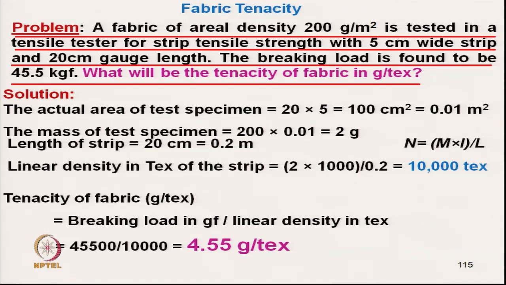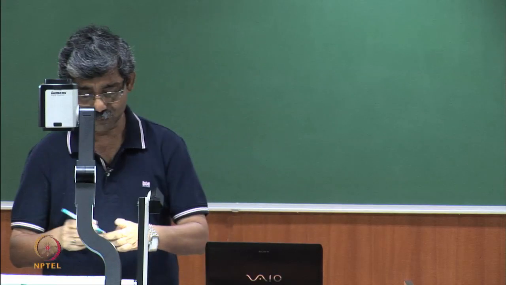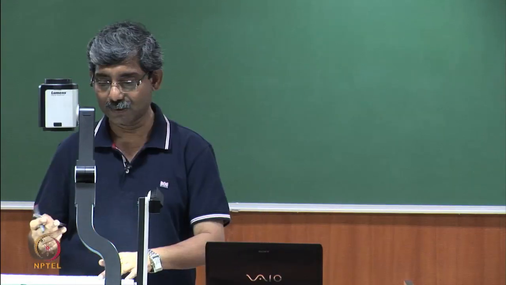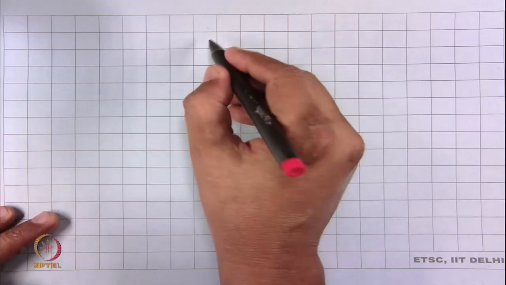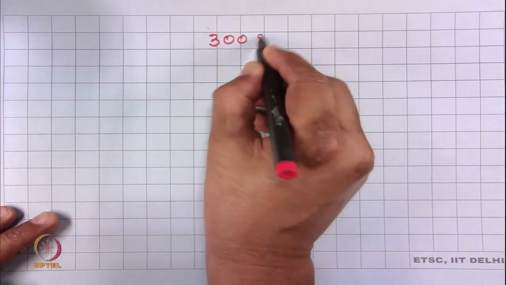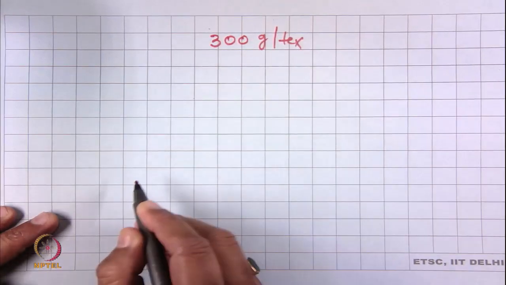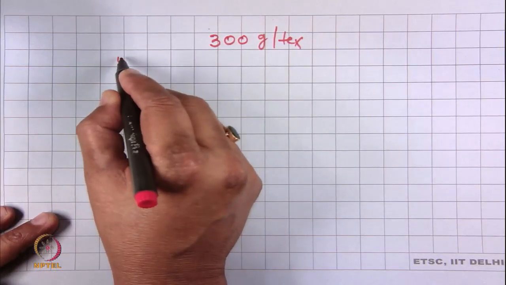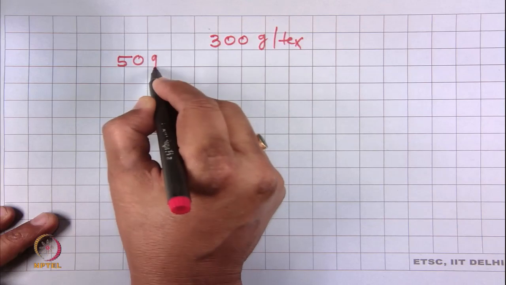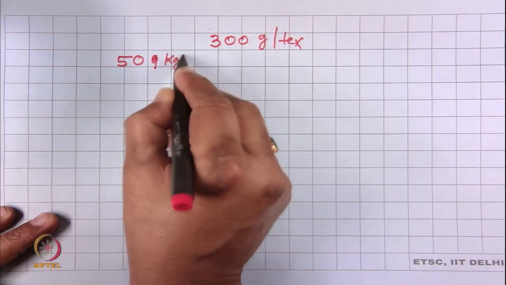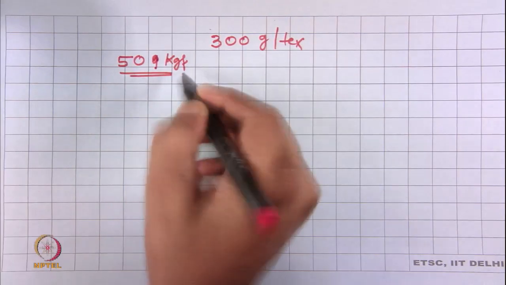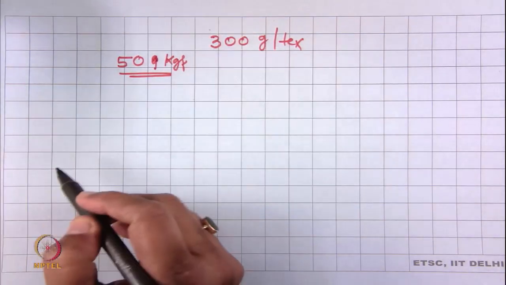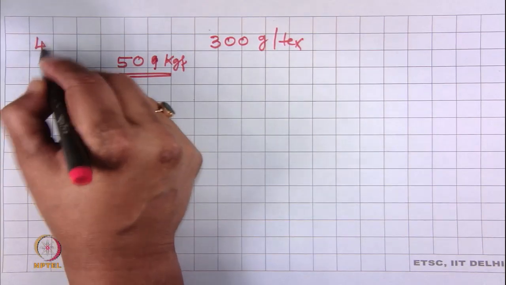Now, the idea of using gram per Tex in place of the breaking load is that suppose we are taking a fabric of 300 gram per square meter, and we have found that the strength has become 50 kg force. Now, can we tell this fabric is stronger than the earlier fabric? Earlier fabric it was 45.5.